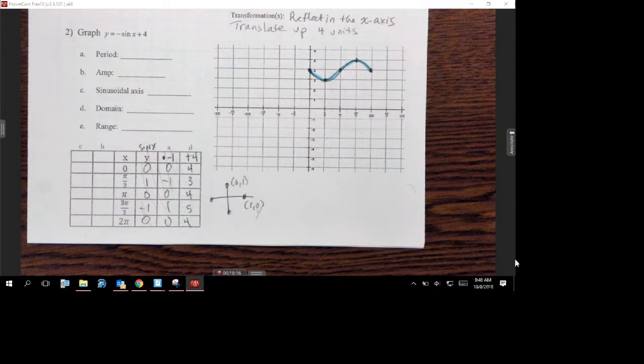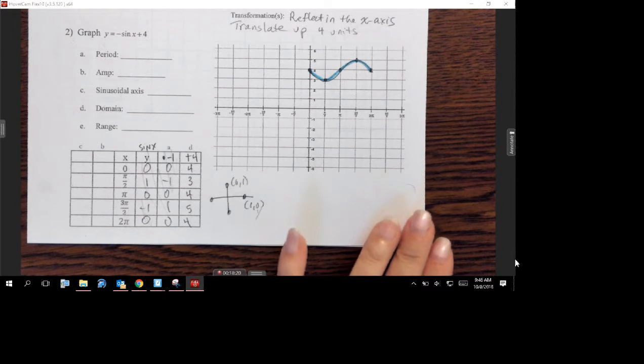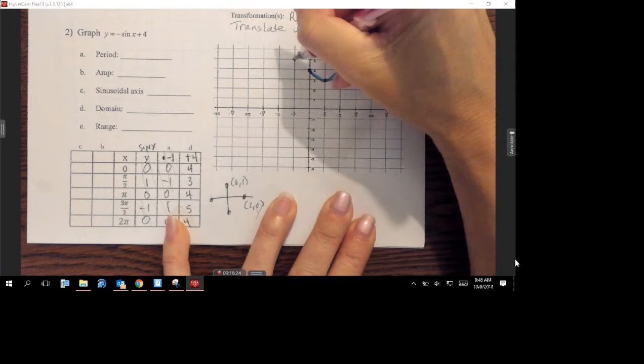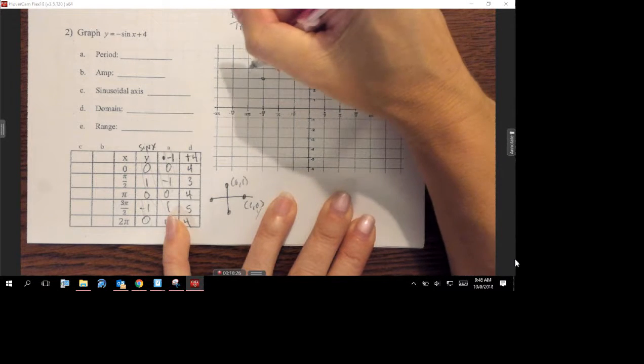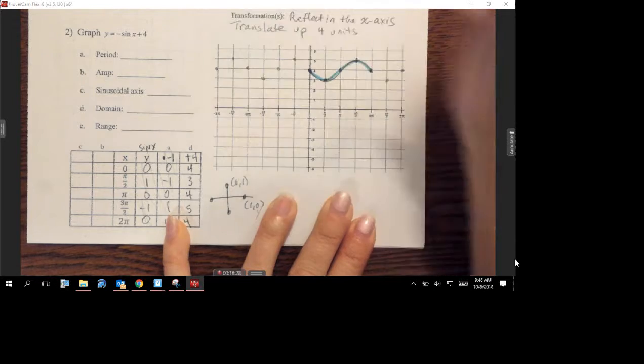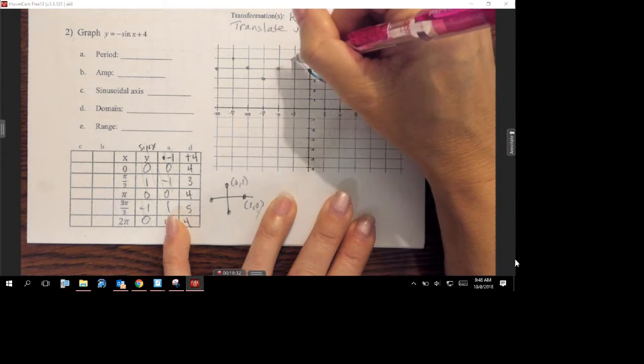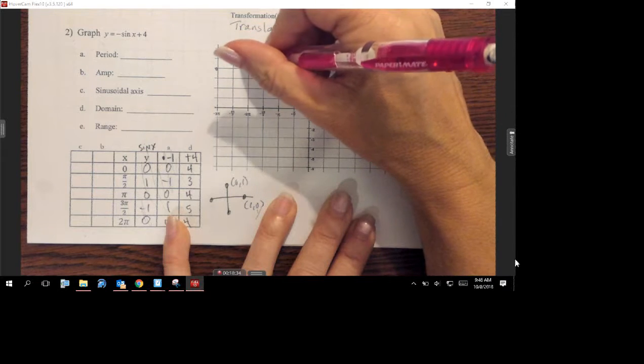Then you will continue the pattern. After you have your one cycle, you'll continue that pattern until you've run out of graph. It should look like one smooth curve the whole time, a nice rolling wave.